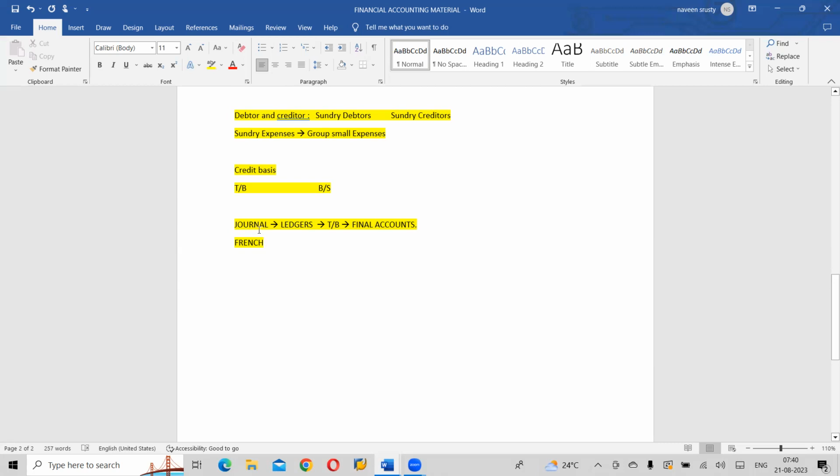In French, jour means a day. In English, a day, meaning whatever day-to-day transactions take place. Whenever we start, whether manual accounting, computerized accounting or ERP, whenever a transaction takes place, two books will be maintained.